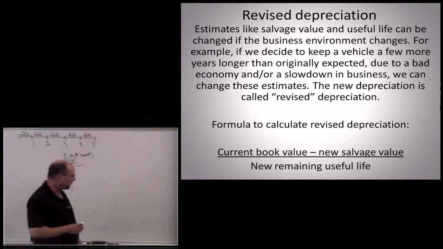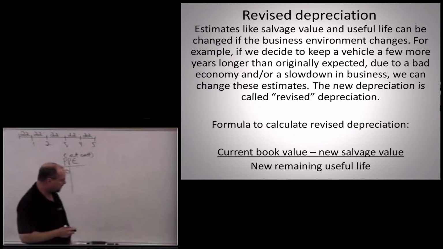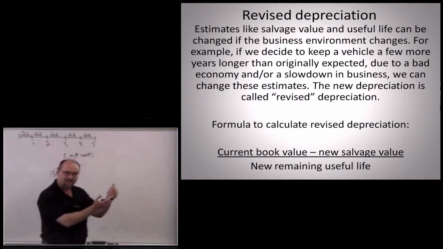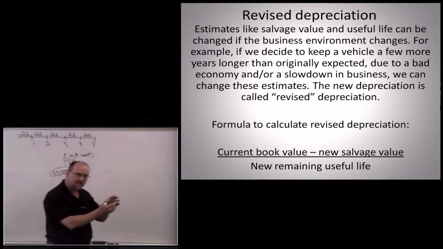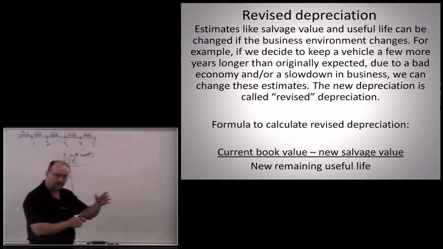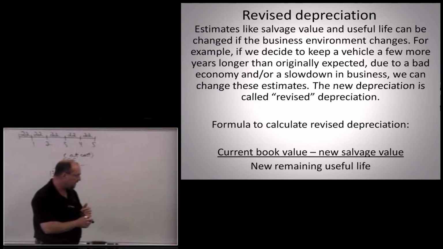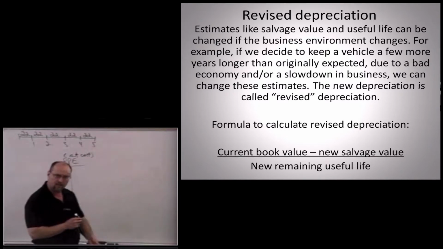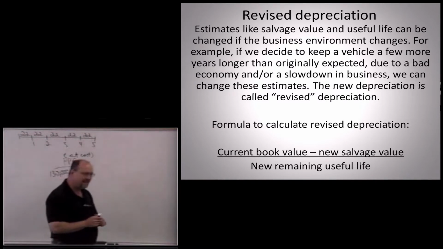Formula to calculate revised depreciation equals current book value, which we know is cost minus accumulated depreciation at the point in time in which we're going to change the salvage or useful life, current book value at that point in time, minus our new estimate for salvage value. It can go up or it can go down, divided by the new remaining useful life.